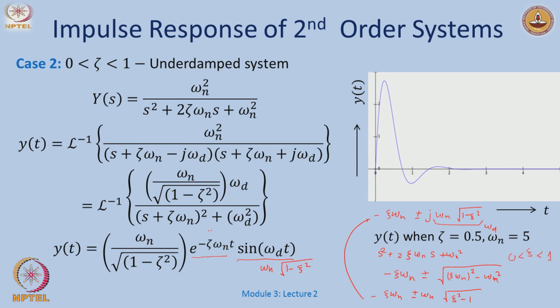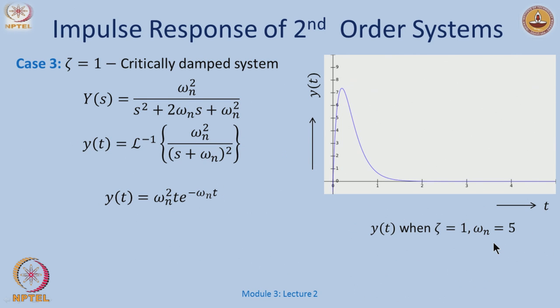Of course, I also have this exponentially decaying term, and the response will keep oscillating and eventually go to 0. That is the response of the pendulum which we talked about, when zeta was greater than 0 but less than 1. The sine says there will actually be oscillations; it will go to whatever this number is, come back, and these numbers depend on the specific values of zeta and omega n.